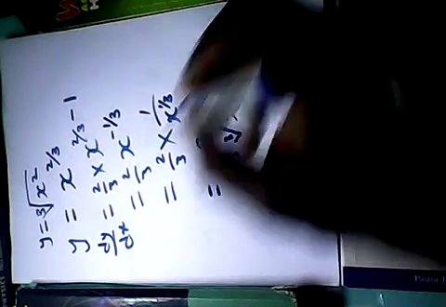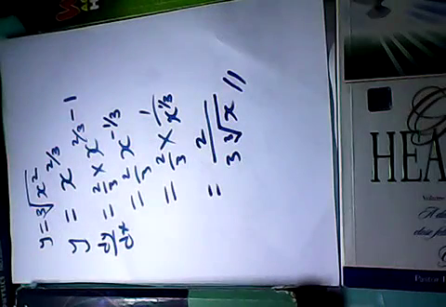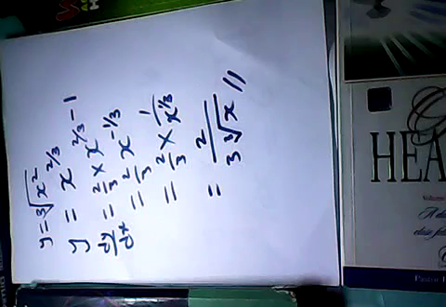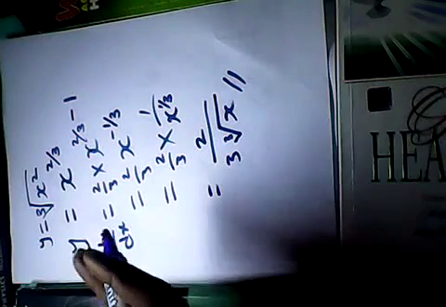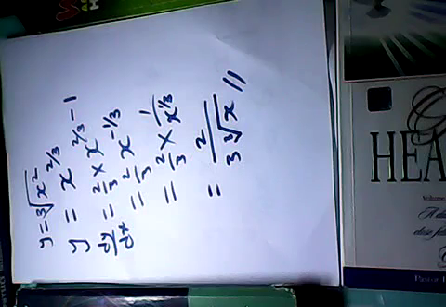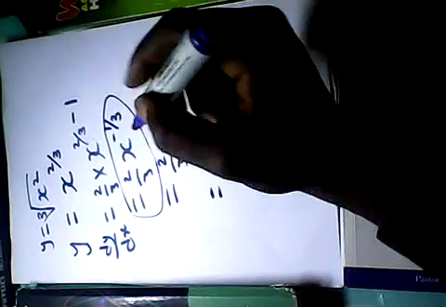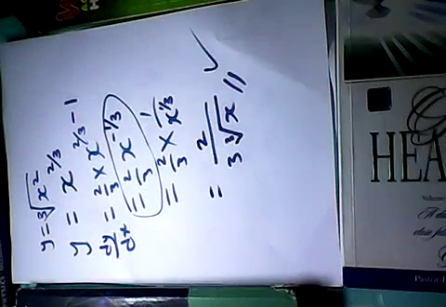So that is our final answer. We applied some laws of indices here to arrive at the final answer. Otherwise, we would have just had the form of this nature. That's a better form that shows that we know what we are doing.